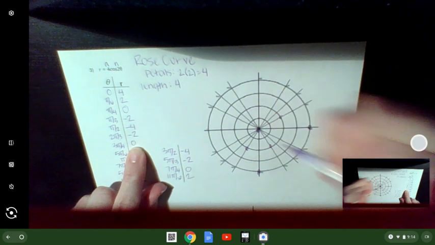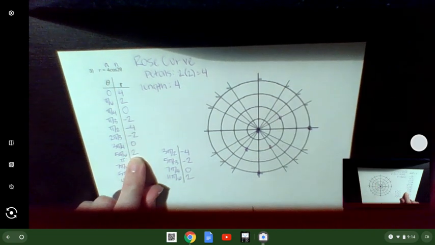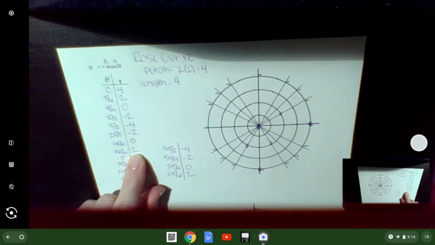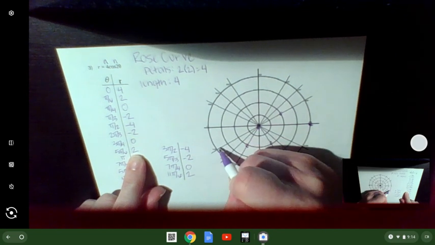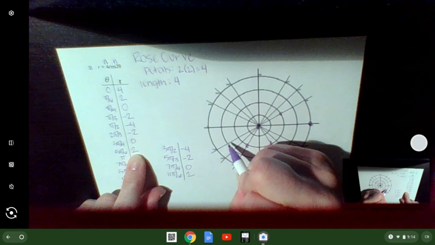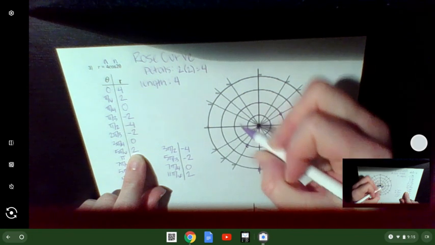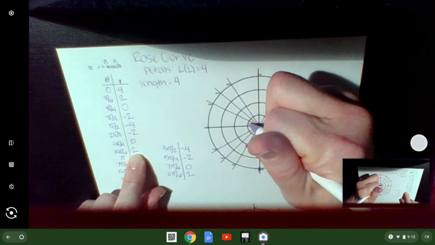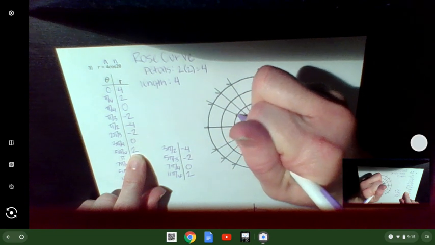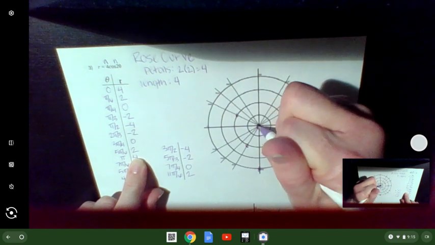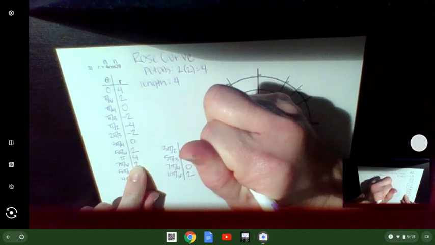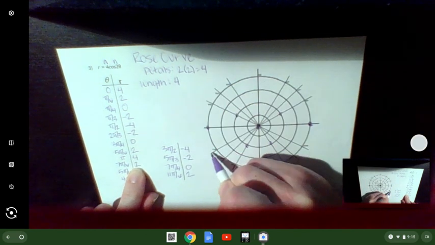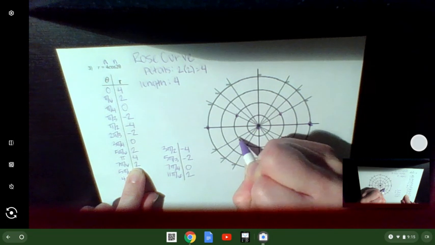R value of 0, I'm right back here. 5 pi over 6, 2, and it's positive, so I can stay right here. 5 pi over 6 would put me at 1, 2. Pi would put me at 1, 2, 3, 4. 7 pi over 6 also happens to be at 2.